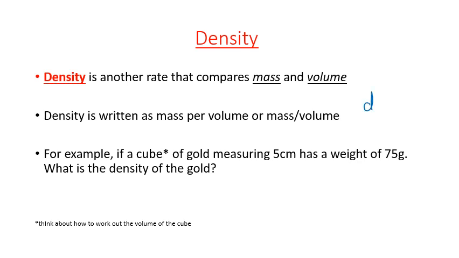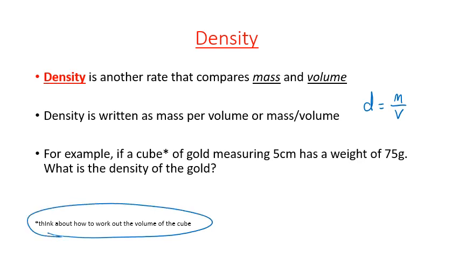For example, if a cube of gold measures 5 centimeters and has a weight of 75 grams, what's the density? The volume of a cube is length times width times height, so it's 5 to the power of 3, which is 125.